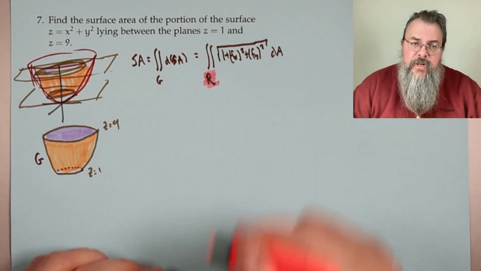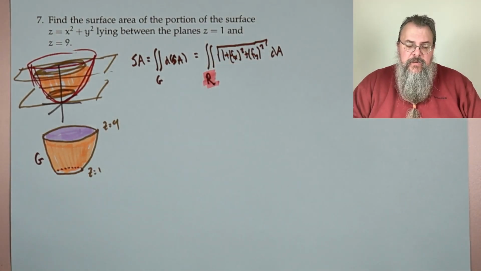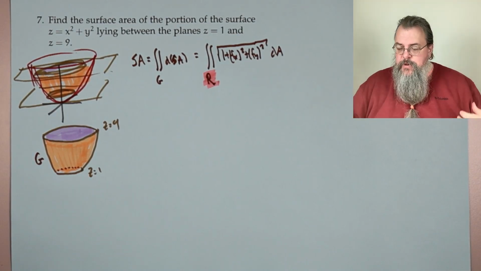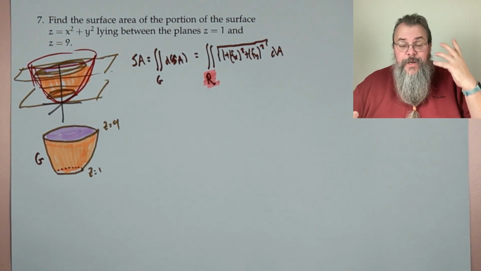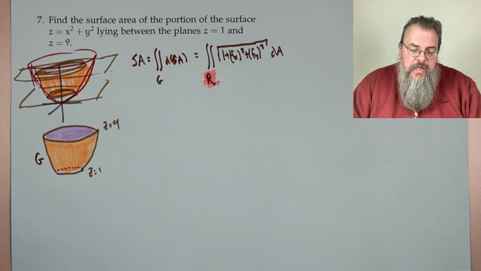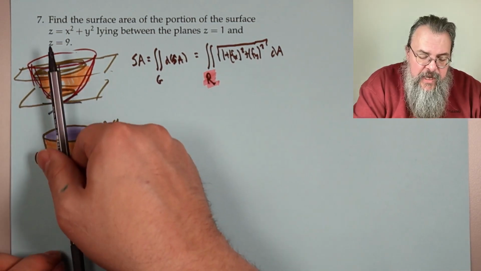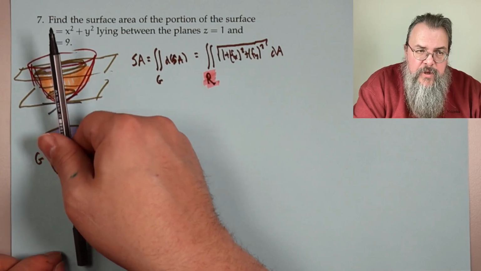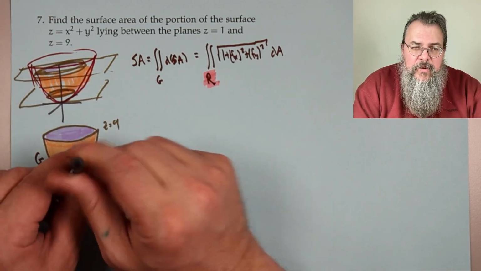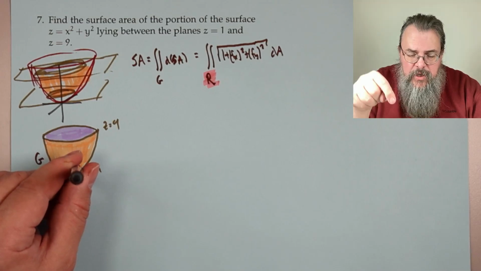What is this region? Here's the idea. We're going to try to visualize. This is one of the things that makes this class challenging for some people. Imagine we have our z-axis. Now we're going to pick it up and look straight down the z-axis so that the z-axis is just a single point.